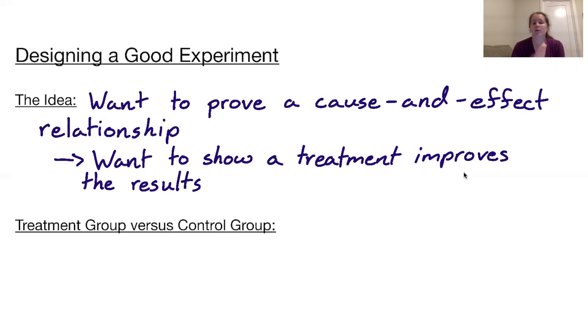So this means when we go to design an experiment, we need to design the experiment in such a way that we can show that it is the treatment that causes the improvement and not something else.